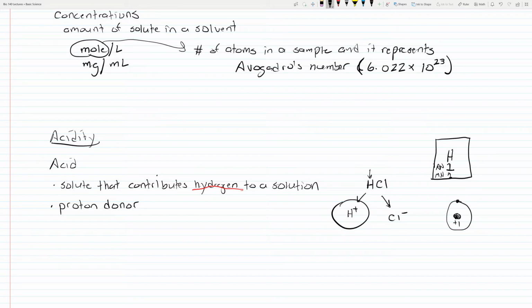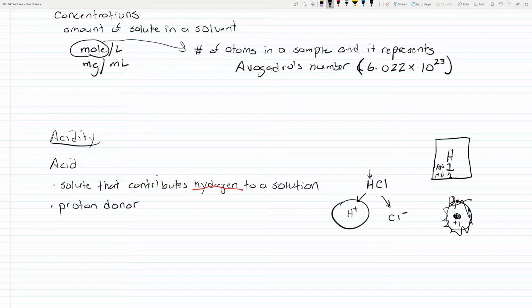That's the structure of hydrogen. Now, what if I cut this electron off? What if there's no electron there anymore? What do I have left? I just have a proton. And that's what we mean by a proton donor. It puts a proton inside of the solution.